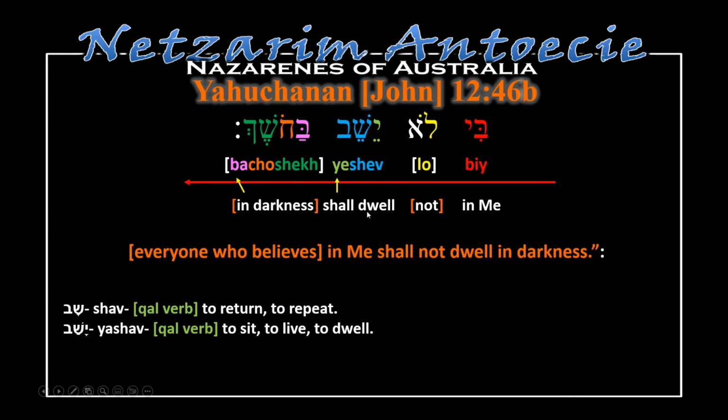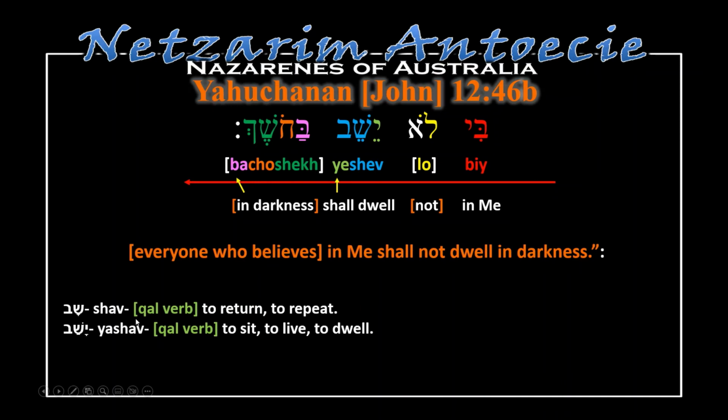Yeshev, shall dwell. When it's Yeshev, will dwell. If it was Shav, it would be return, right? Yeshev is shall dwell. Ba, in, choshek, which is darkness. So everyone who believes in me shall not dwell in darkness.